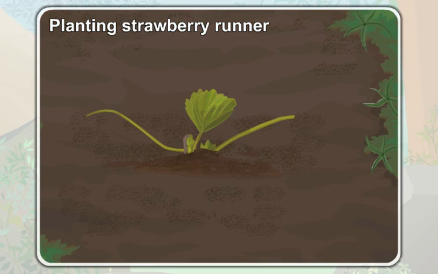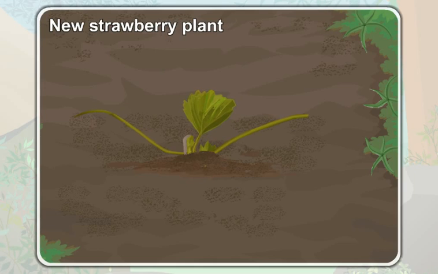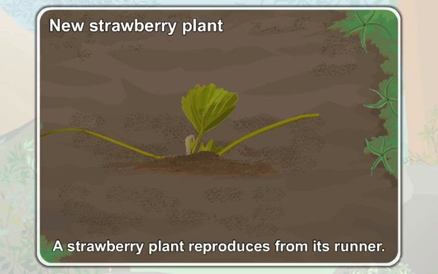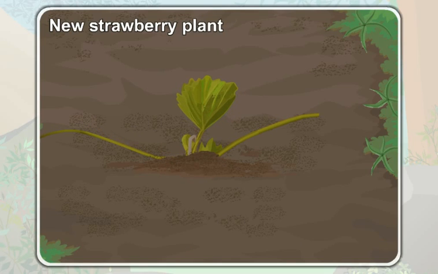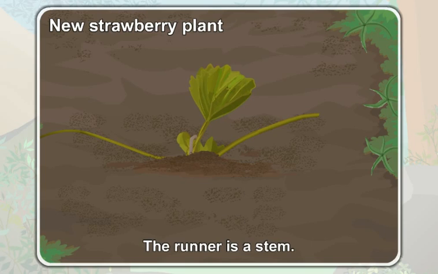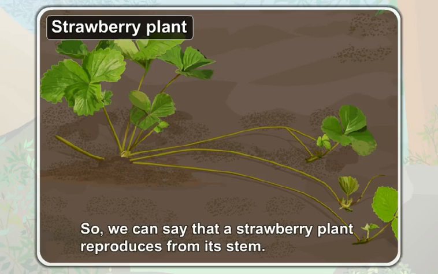Do you know what will happen? After a few days, the runner grows into a new strawberry plant. So a strawberry plant reproduces from its runner. And the runner is a stem. So we can say that a strawberry plant reproduces from its stem.